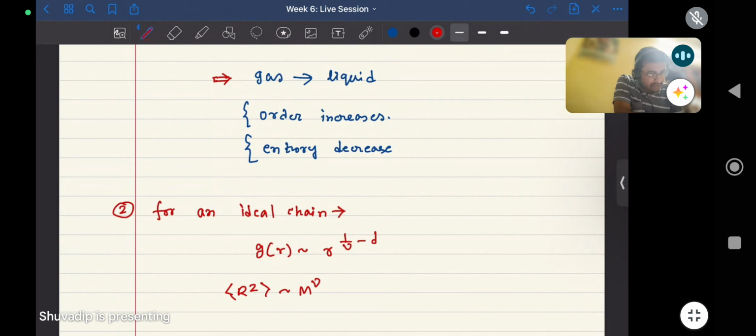So this nu exponent is the same nu in the G of R dependence, and d is the dimension.